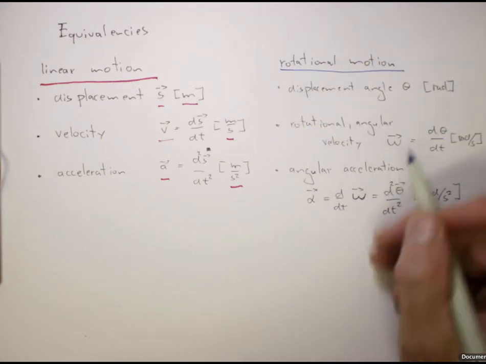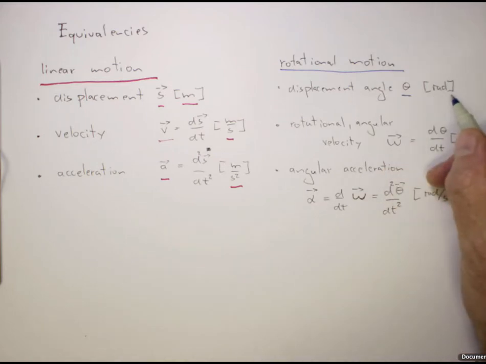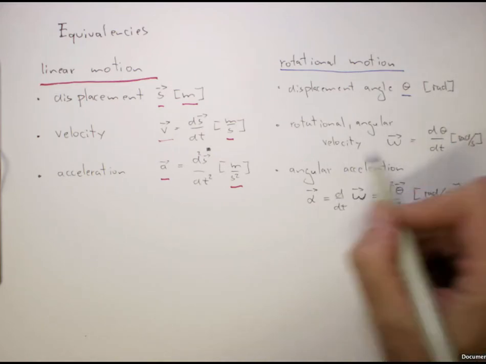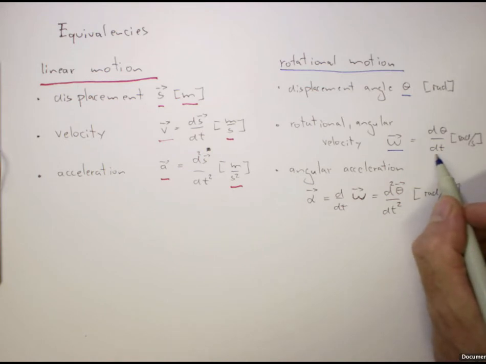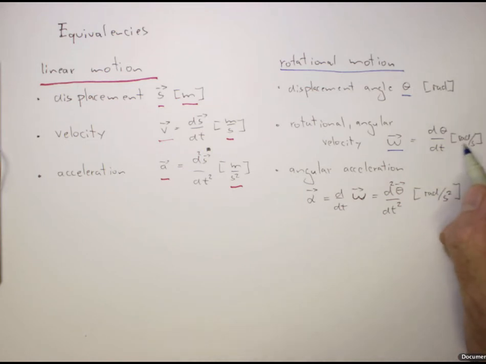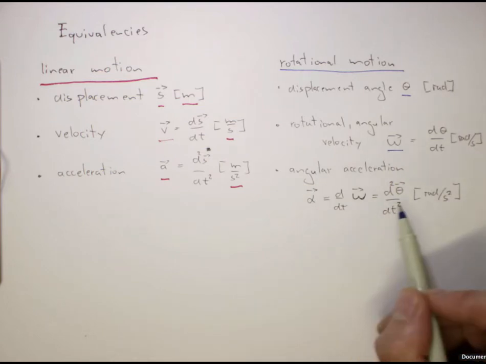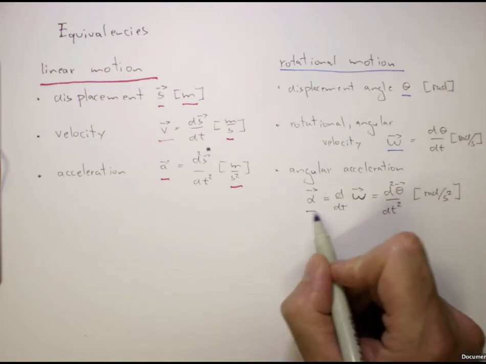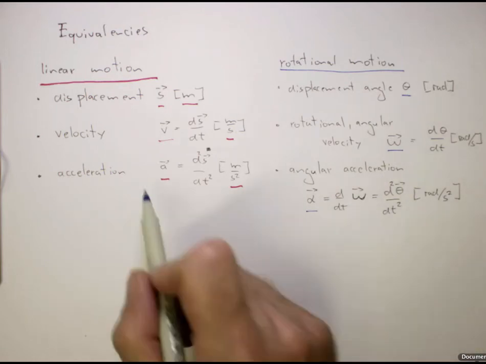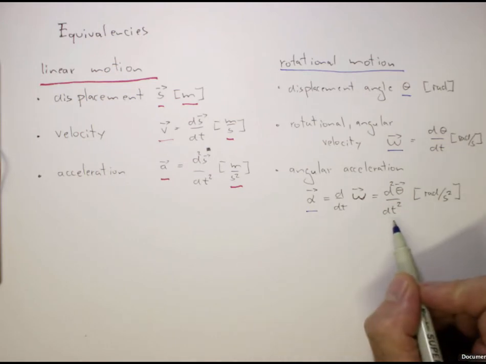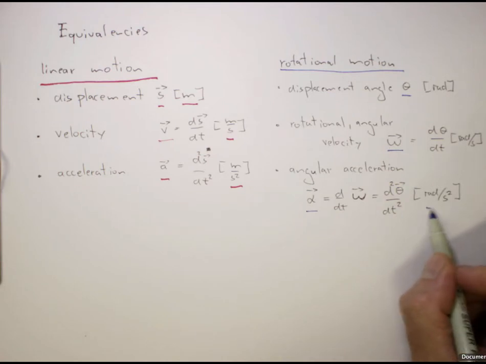Equivalently, we have in rotational or angular motion displacement angle, theta, measured in radians, rotational or angular velocity omega, d theta dt, so this is the displacement angle differentiated with respect to time once, and the unit is radians per second, and angular acceleration alpha, which is the first differential with respect to time of omega, or equivalently to linear motion, the second differential with respect to time of the displacement angle theta, in units of radians per second squared.